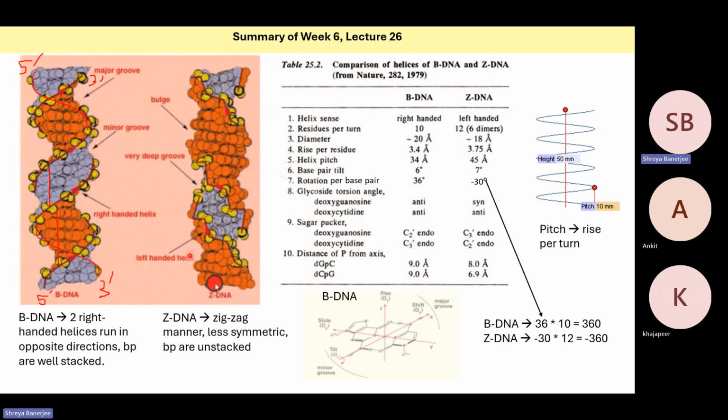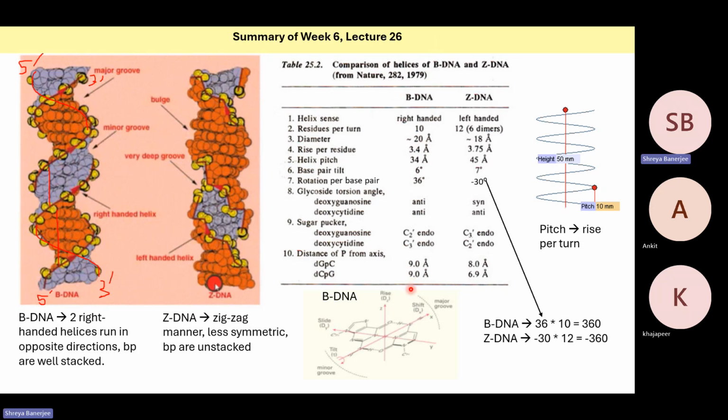But zDNA has a very unsymmetric structure where sometimes you can have a section bulging out like this, and other times you can have a deep groove. So it is a much less symmetric structure, and the base pair stacking is also not good compared to bDNA, where the base pairs are very nicely stacked on top of each other.